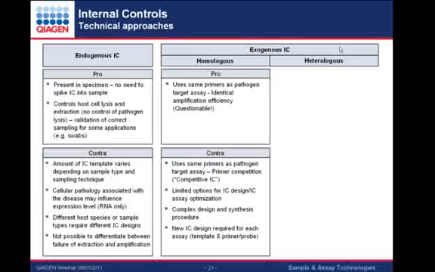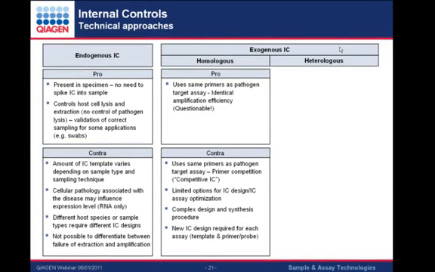In the context of exogenous homologous ICs, an advantage that is often mentioned is that the same primers are used for the internal control assay and the pathogen assay. By this, amplification efficiency is supposed to be identical for both. However, I see this definitely more on the contra side, because using the same primers will unavoidably lead to competition between pathogen assay and internal control assay, and this again may lead to a reduced sensitivity for detection of the pathogen target.